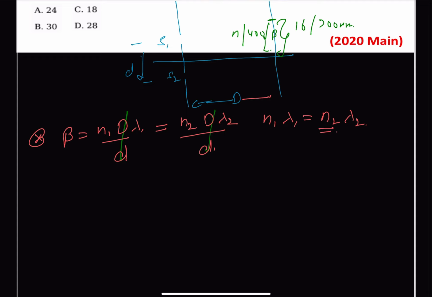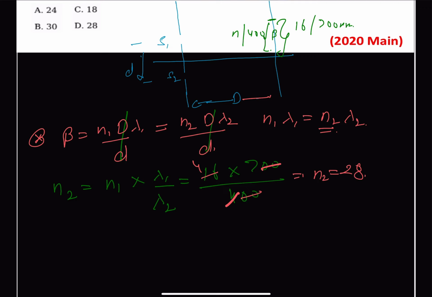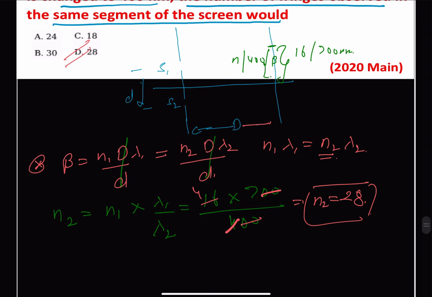Therefore we can write that n2 will be equal to n1 lambda 1 divided by lambda 2. n1 is 16, lambda 1 is 700, and lambda 2 is 400. The 0 goes away, 16 goes by 4, and we get n2 is equal to 28. So option number D is the correct one.